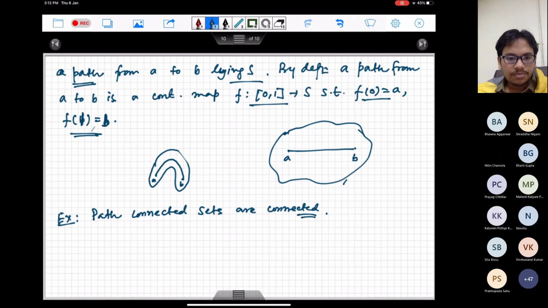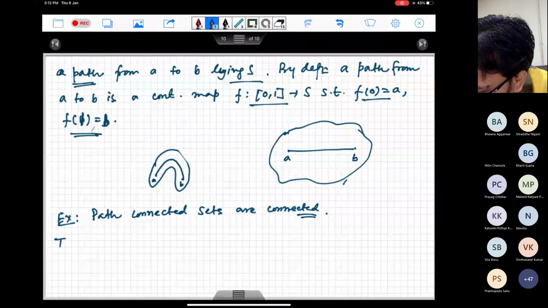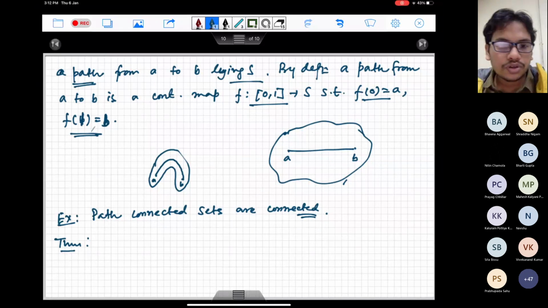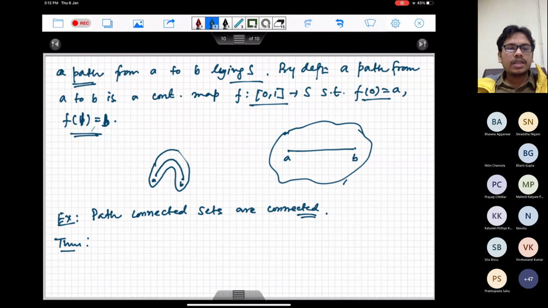But what is important in our case is the following. In our case we are going to have this important property. I told you already that I am going to work with open and connected sets. So I'm going to work with open sets as well as connected sets.